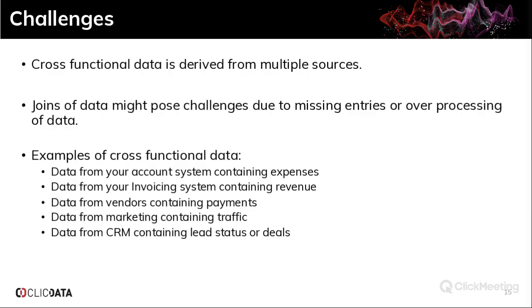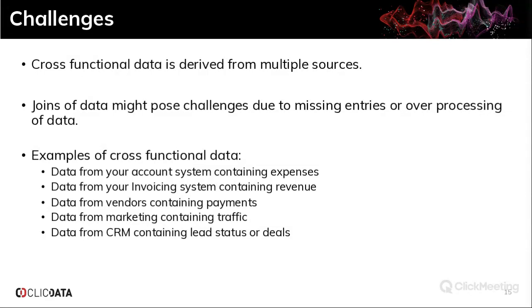To round up this cross-functional analysis: the challenges are that the data is derived from multiple sources, and joins of data might pose some challenges with missing entries. Some examples you will come across are the accounting system, if you're working with vendors containing payments, traffic data from marketing, and status, leads, or deals data from CRM.